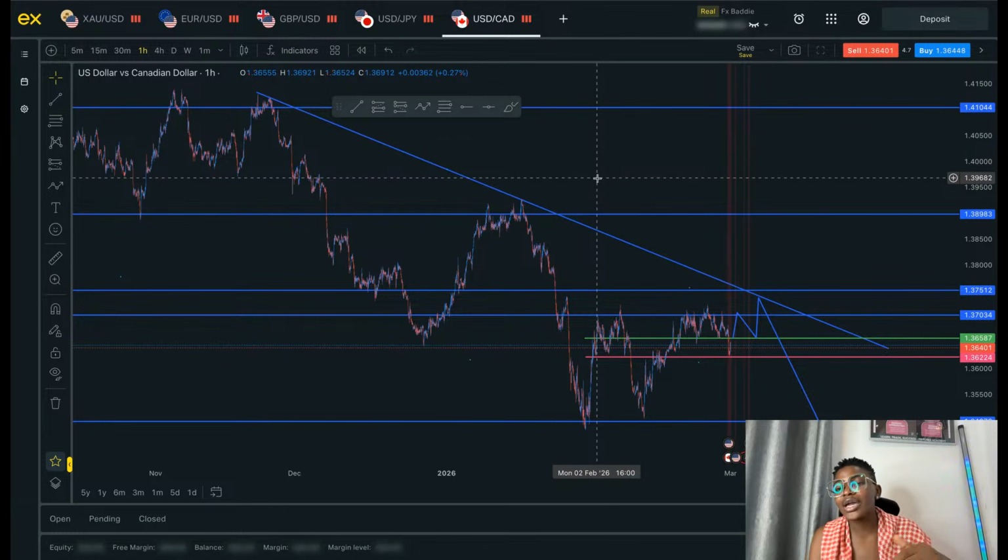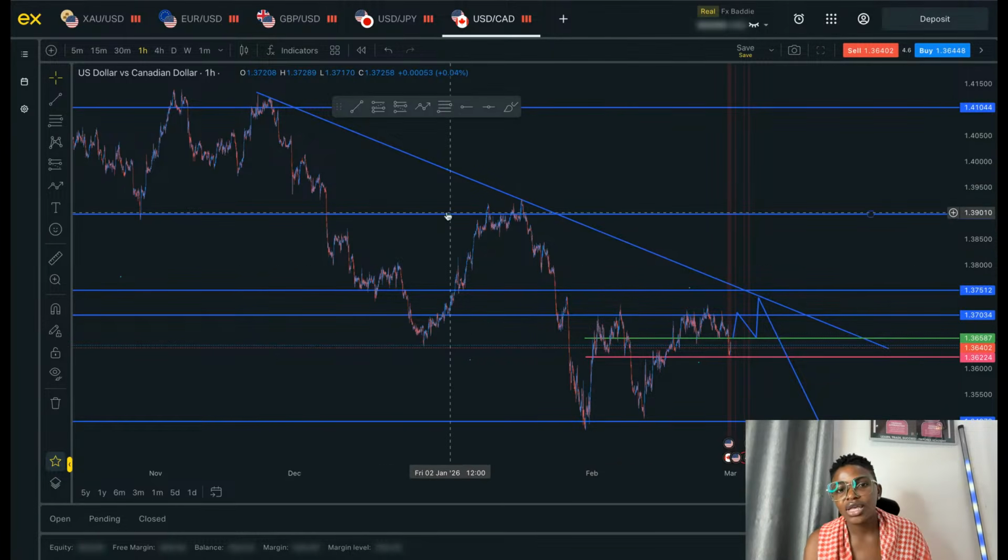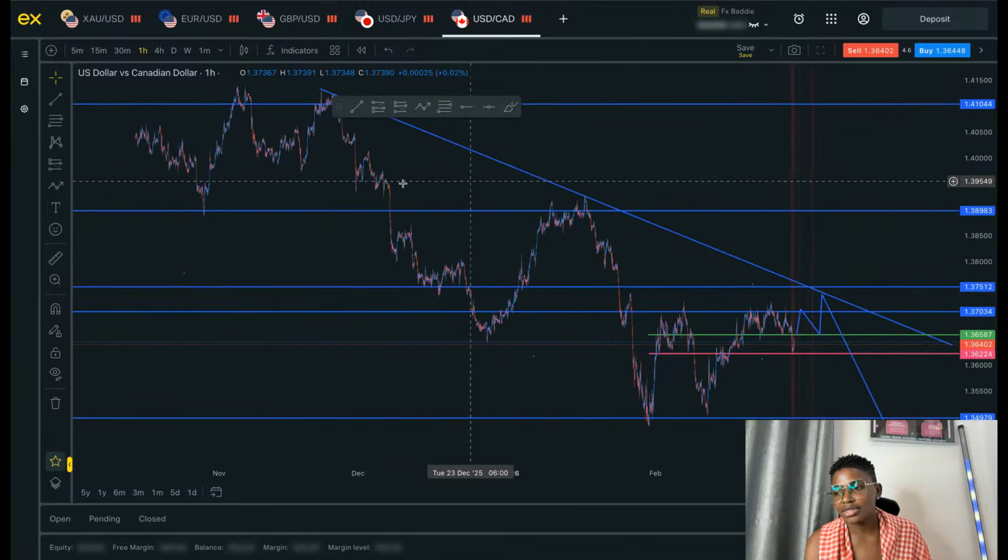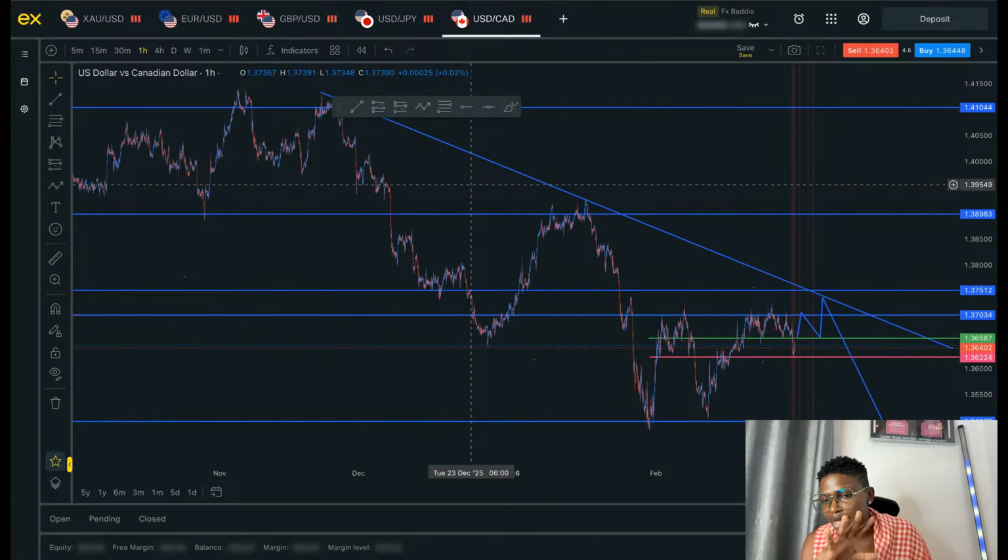So as of now, we cannot put a long or short position because the market might buy before it finally sells, just as how gold might sell before it takes that high buy. So as of now, this is what we are looking at on USD CAD.